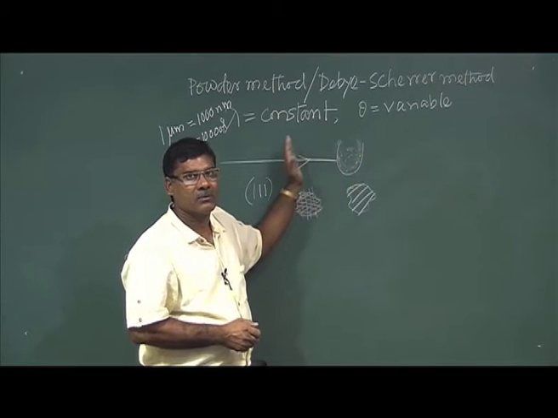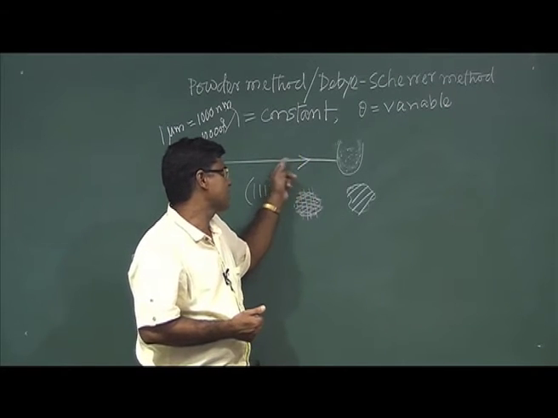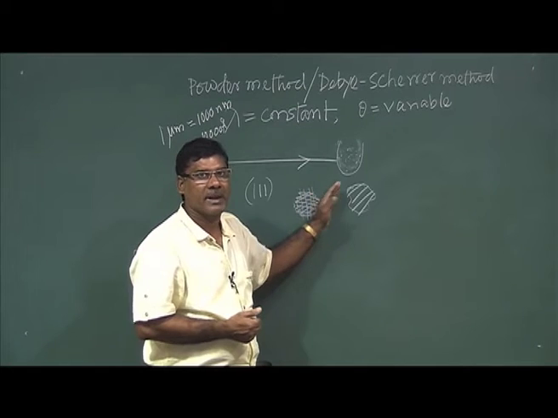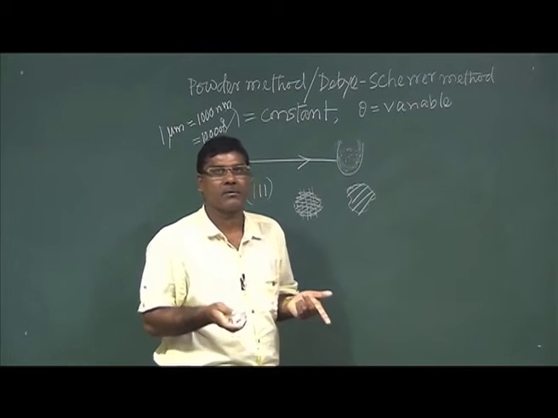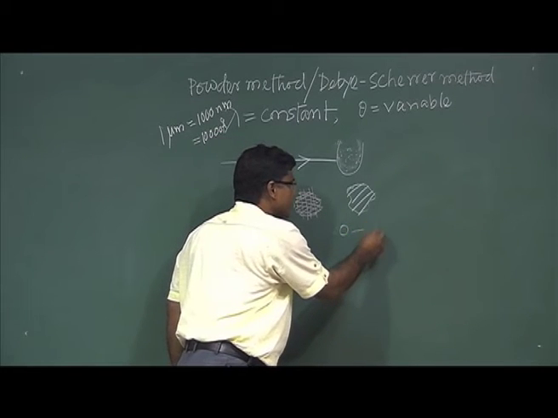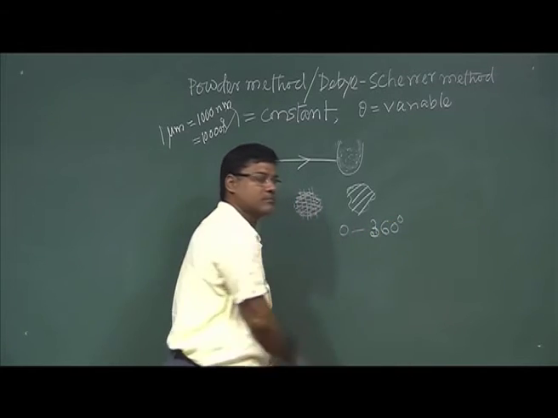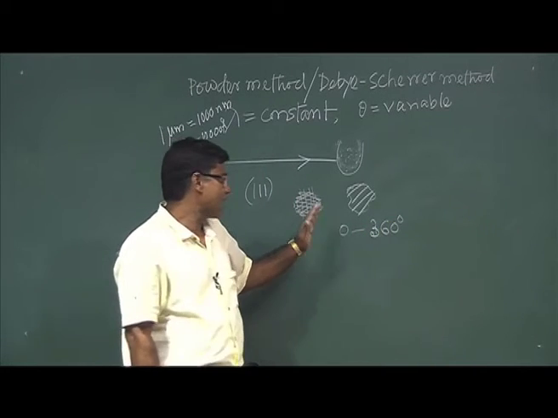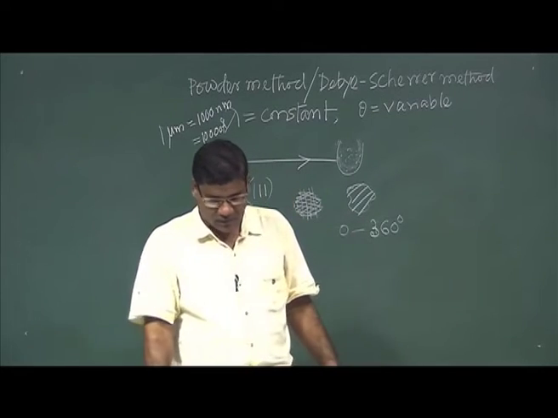So you can expect that the angle between this X-ray and the 111 plane has all values, starting from 0 to 180 or 360 degrees. Okay, it will have all angles. So it has a continuous angle with the 111 plane.